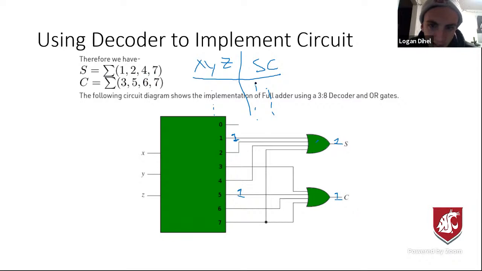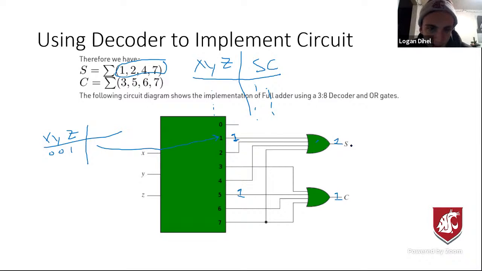So if S is any one of these, well, let's say our inputs were X, Y, Z. Then a 1 would correspond to 0, 0, 1. And so this guy would turn on in that case, and then make the output S be that. So any questions on using a decoder to make a circuit?